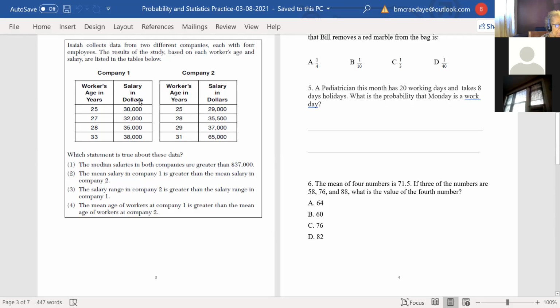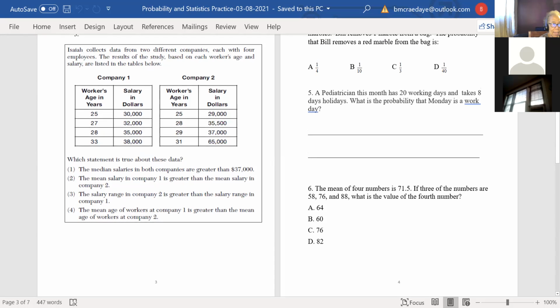You can add up these and divide by 4 and see if one is greater. And then the range is high minus low. For this one, it'll be 38,000 minus 30. For this one, it'll be 65,000 minus 29. See how the ranges compare. And of course, the mean age. You calculate, add up these ages, divide by 4. The salary, add up the salary. So I think you could do that one.